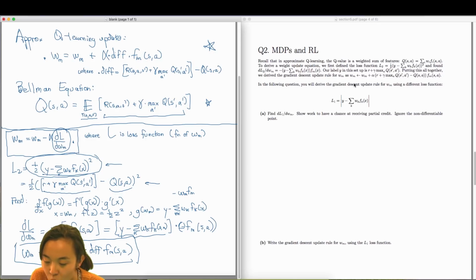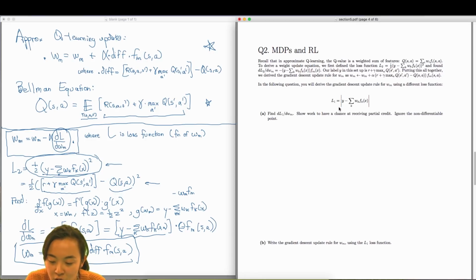So what's pesky about this is that we have absolute values right here. So we can just break this up into two cases. One case where the value is positive, and one case where the value is negative. So we have two cases.